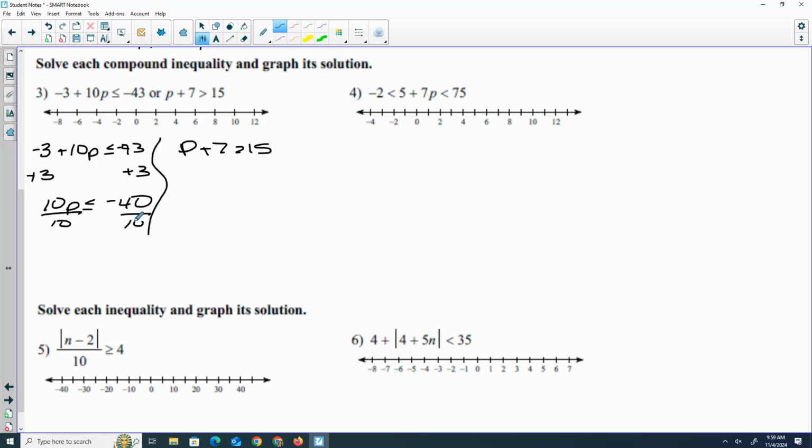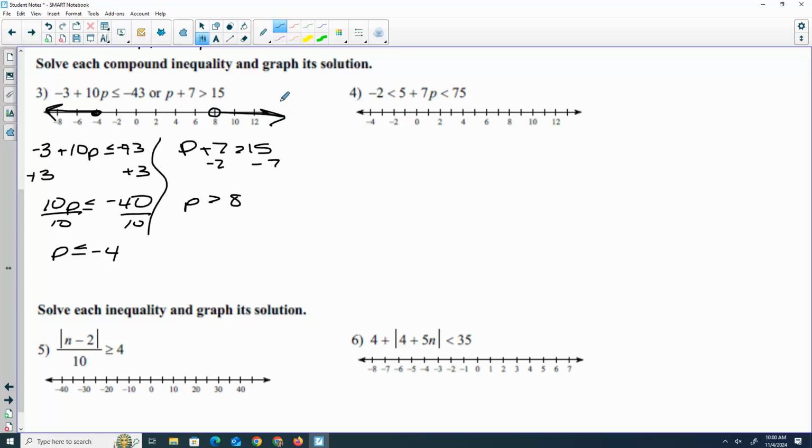Divide by 10. So p is less than or equal to negative 4. So equal to is closed circle, less than goes to the left. The second one, we subtract our 7, so we get p is greater than 8. So that's not equal to, so open circle, greater than goes to the right.